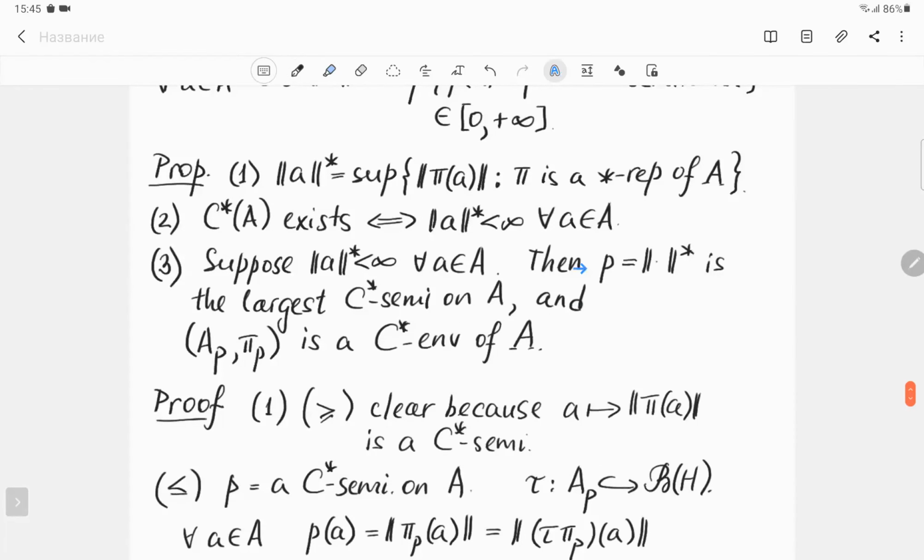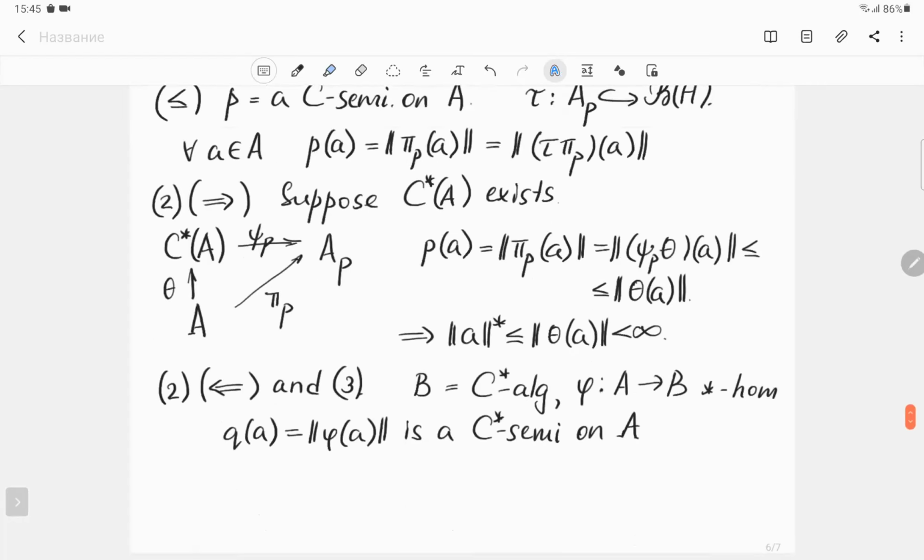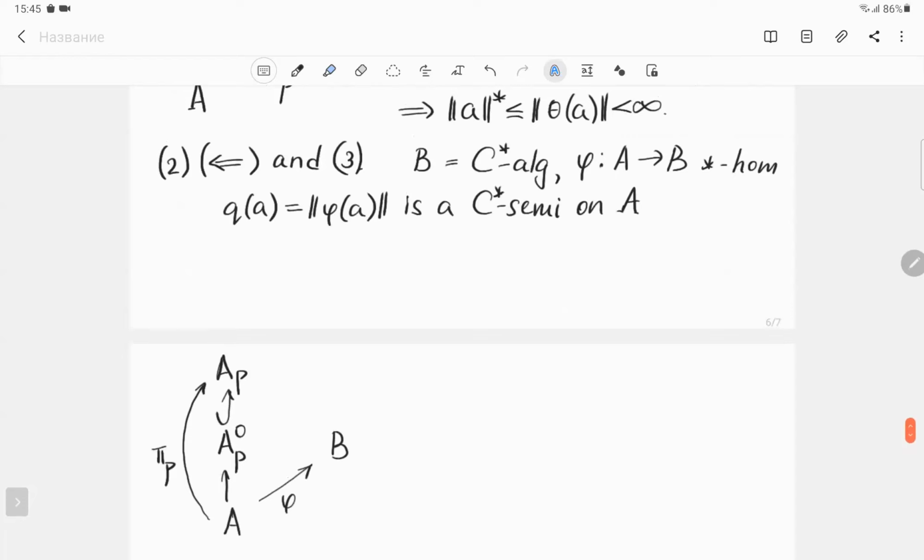Here it is. So our semi-norm P is finite, and of course, by definition, it is the largest C star semi-norm. So since it is the largest C star semi-norm, we conclude that Q is less than or equal to P.